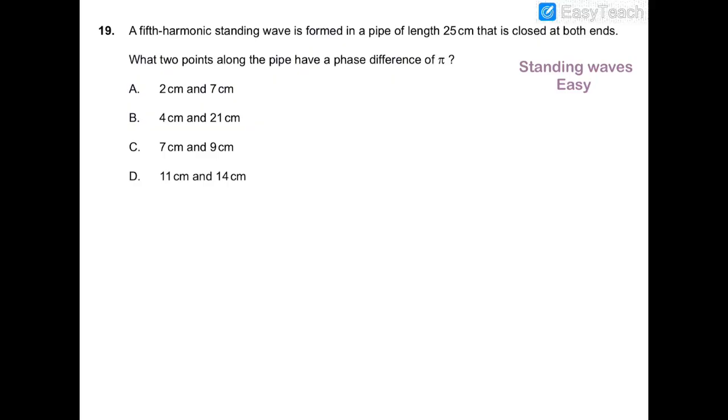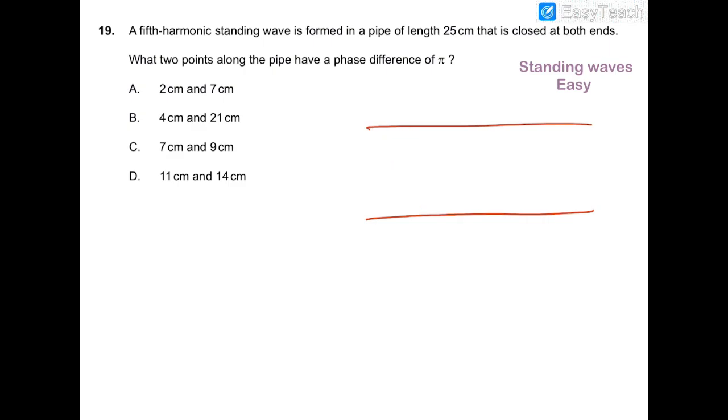So let us consider the situation that there is a fifth harmonic in this pipe which is closed from both ends. Now, if the pipe is physically closed from both ends, then we can say that there would be an antinode on the closed ends and it is in the fifth harmonic.